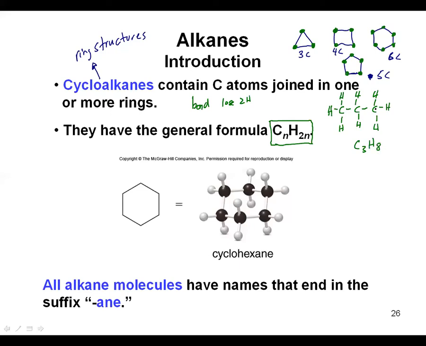But when these 2 carbons come together, this hydrogen here and this hydrogen here, for example, are lost. Otherwise, it would have too many bonds, and it comes together. I'll draw it in the condensed formula, like so.